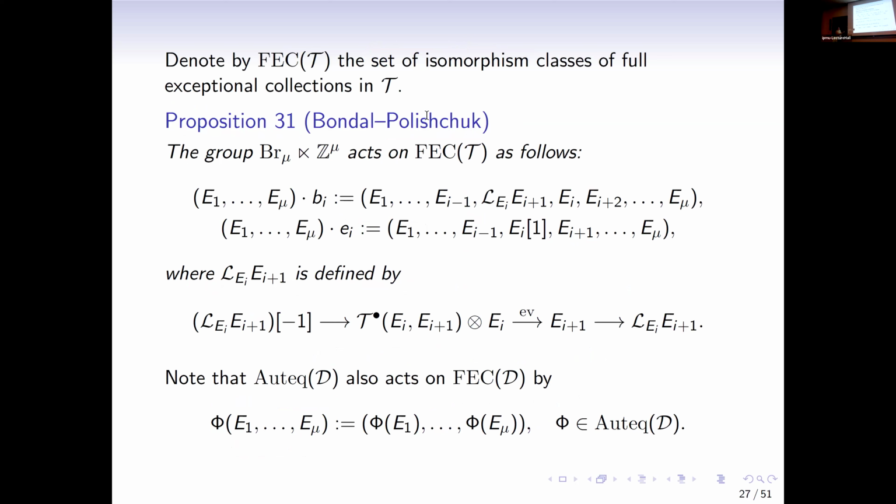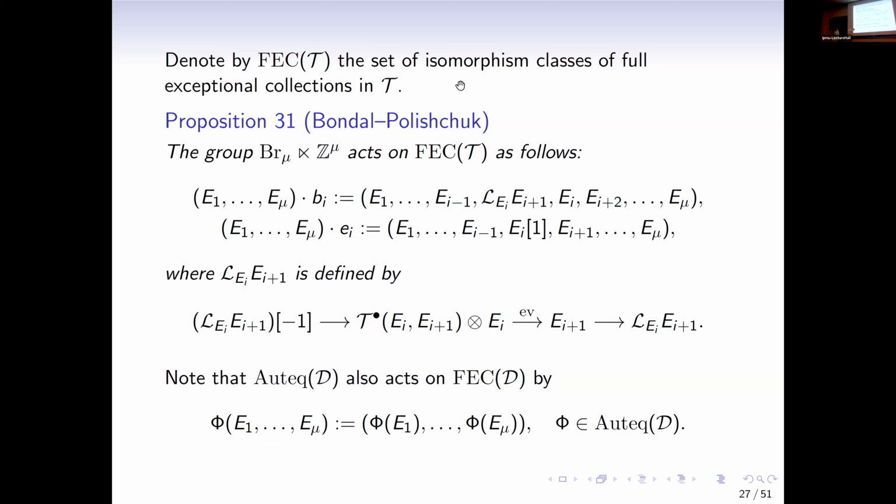For simplicity, denote by FEC of T the set of isomorphism classes of full exceptional collections in T. This is well known and also appeared in the previous talk. There is a braid group action on the set of full exceptional collections.